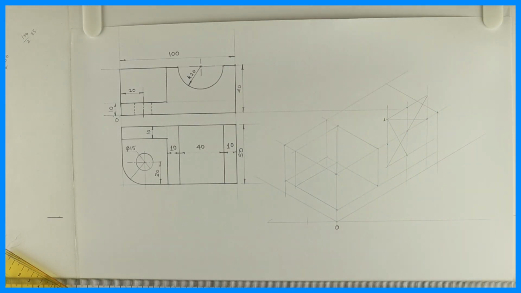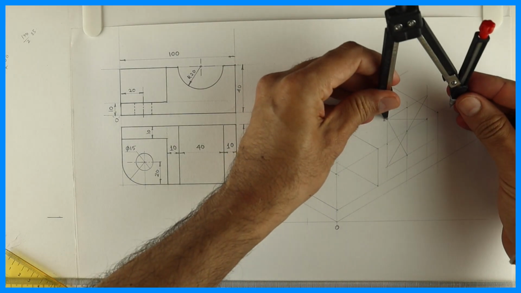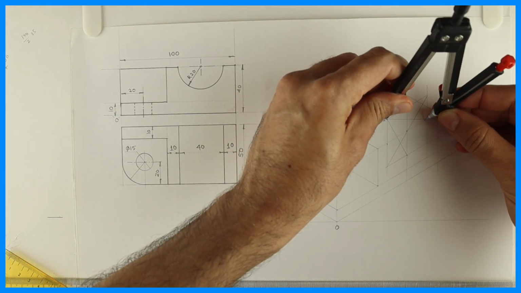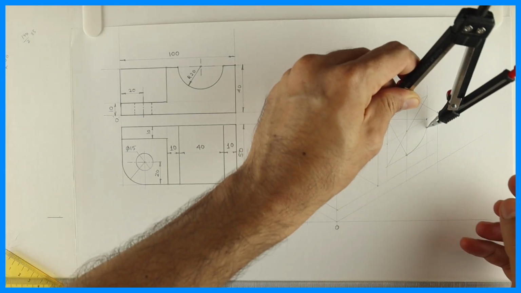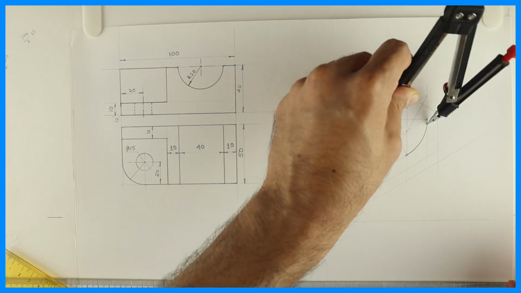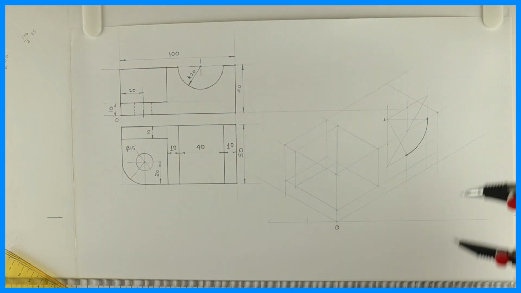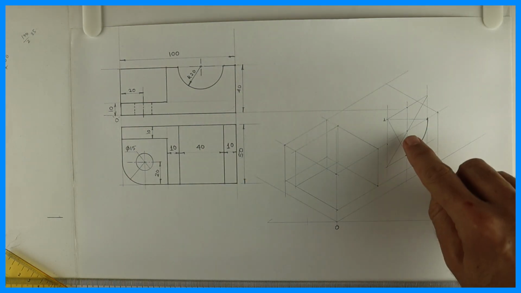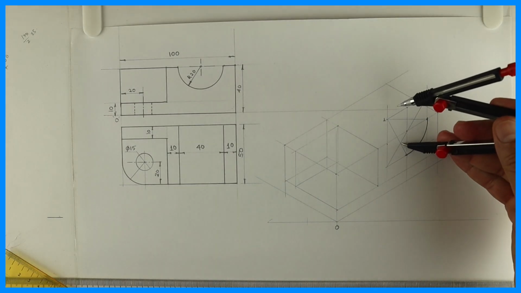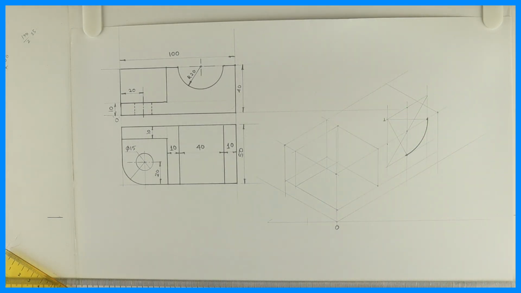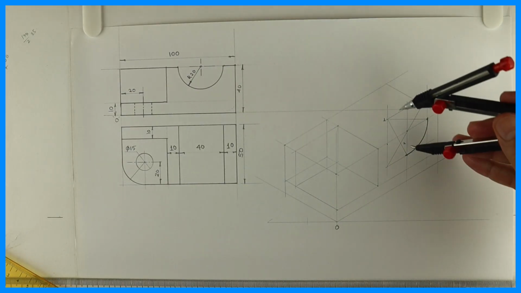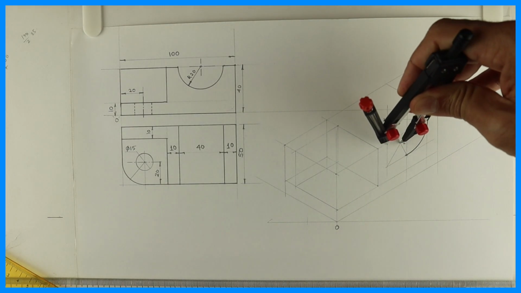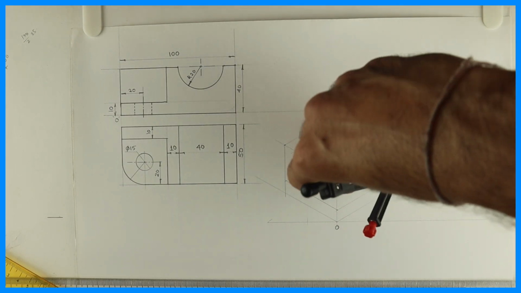From 1 we can draw arc. This is point 2. From 2 we'll draw arc. See this. So we are done with the semicircle.